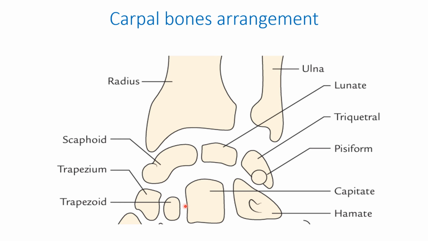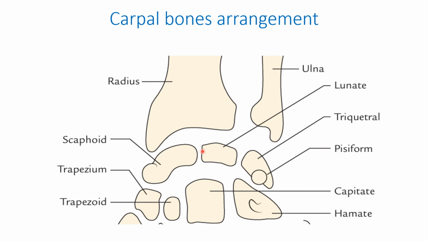So here is a diagrammatic representation of the carpal bones. We have the scaphoid bone, arranged from lateral to medial. From the lateral we have the scaphoid bone for she, then looks for lunate, too for triquetral bone, then pretty for pisiform bone.